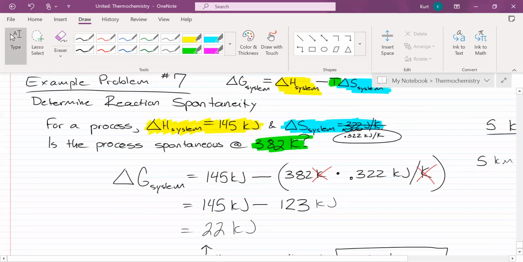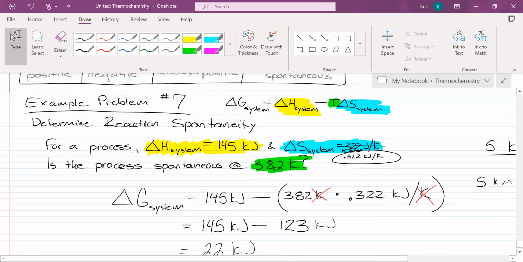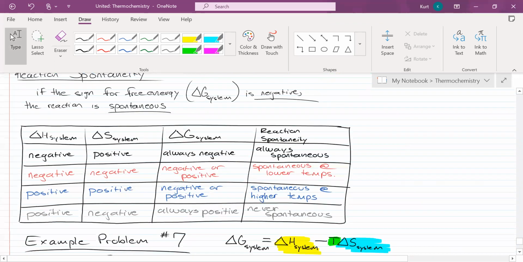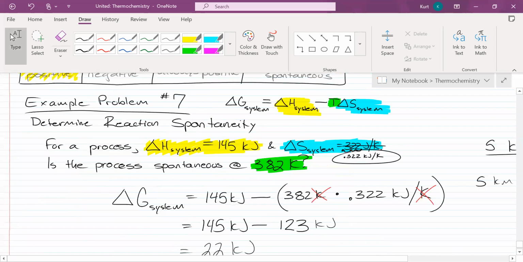Okay, and I do want to refer to that table real quick, guys. Emma, according to this problem, what was the value of the change in enthalpy, positive or negative? Positive. Okay, so let's look back up here. All right, we're down to these two. Max, according to this problem, what was the value of your change in entropy, positive or negative?